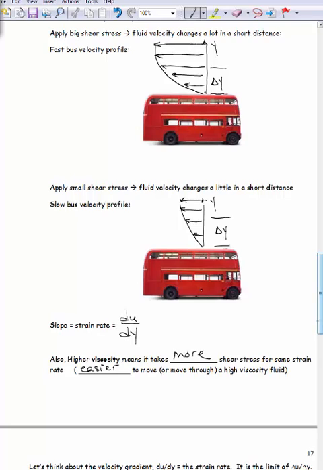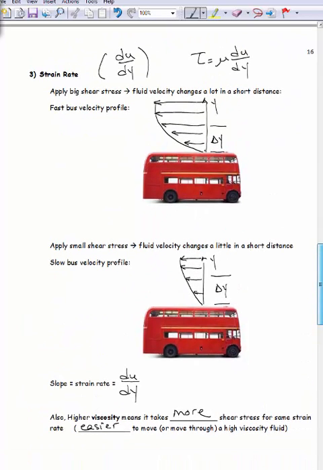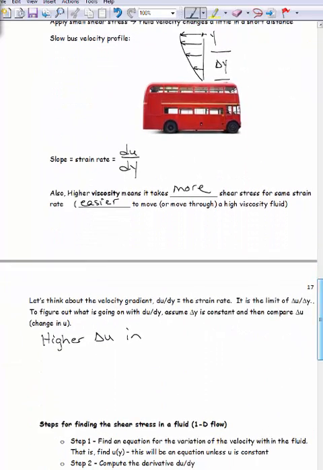Well, let's look at delta u. So delta y, the denominator is the same. Which one has the higher delta u? Well, look at this. This delta u, it's 0 here, it's big here. 0 here, not so big here. So higher delta u in the fast bus case.